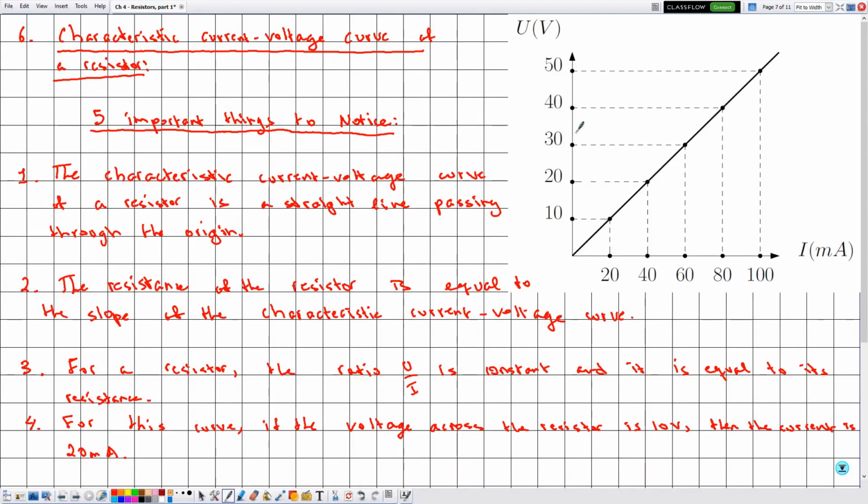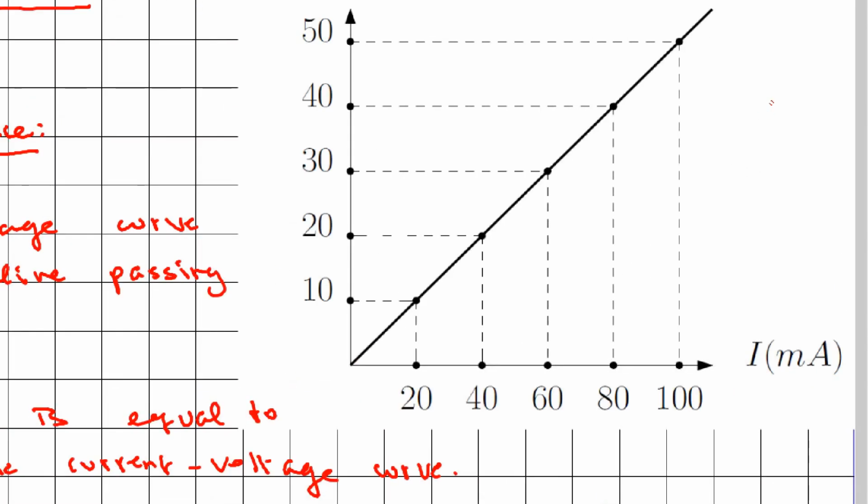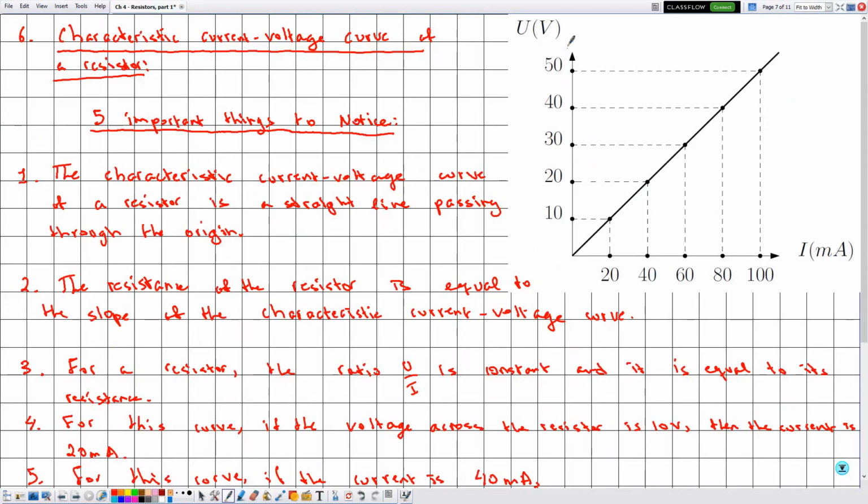So whenever we know the voltage referring to this curve, we can determine graphically the value of the electric current I, and similarly for this curve, if we know the electric current, say for example it is 40 milliamps, so now we know that the electric current across the resistor is given by 40 milliamps. 40 milliamps correspond to this point on the curve that has a voltage of 20 volts.